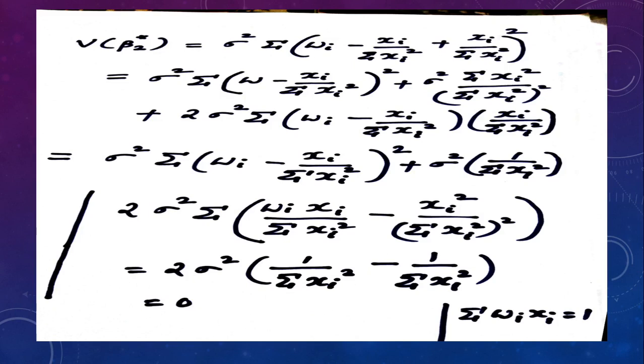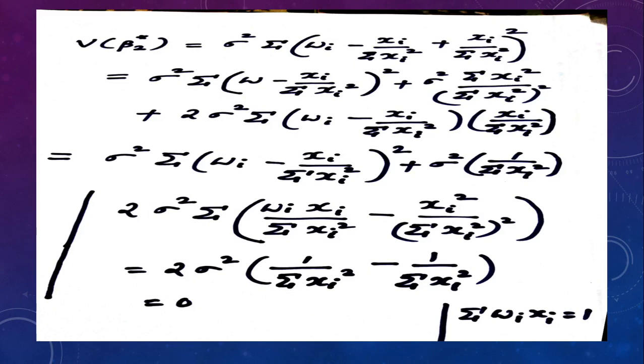Now coming to the product term, plus 2 into sigma square into sigma (wi minus xi divided by sigma xi square) into xi divided by sigma xi square. So let us write the first term, that is sigma square into sigma (wi minus xi divided by sigma xi square), the whole square.